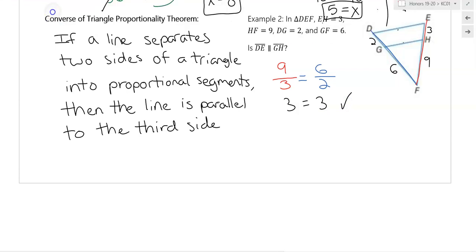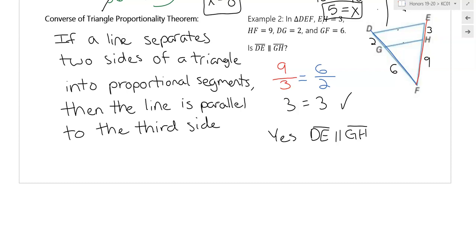Check. So yes, DE is parallel to GH. Line DE, line GH. And that's it, okay? So it's just good to know that it also works going the backwards way.